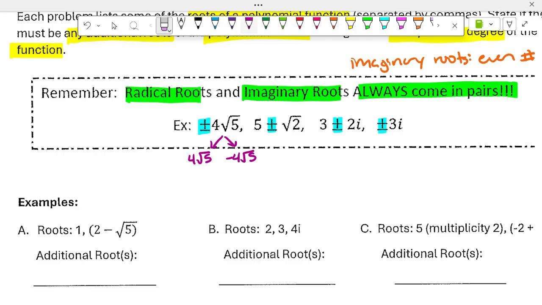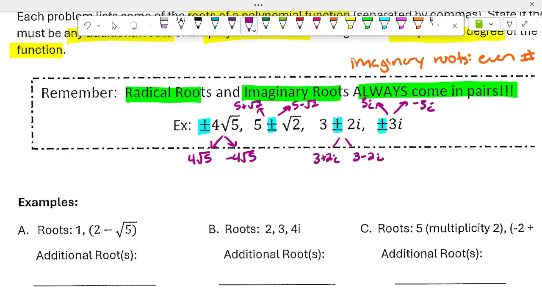This one can break apart into 5 plus square root 2, 5 minus square root 2. This one can break apart into 3 plus 2i, 3 minus 2i. And these can break apart into positive 3i, negative 3i.